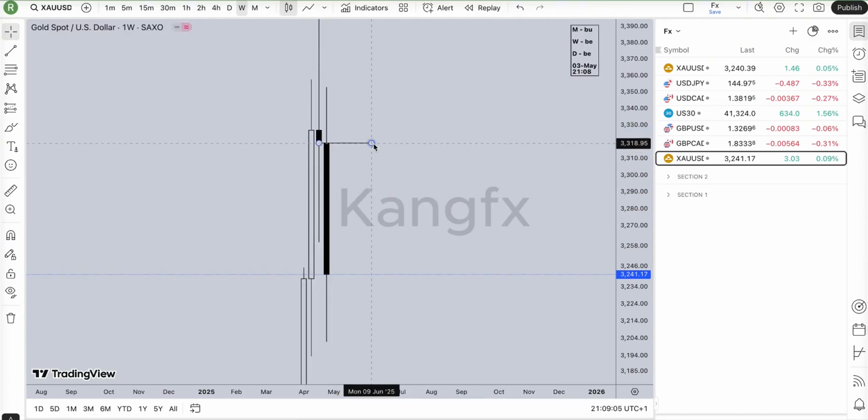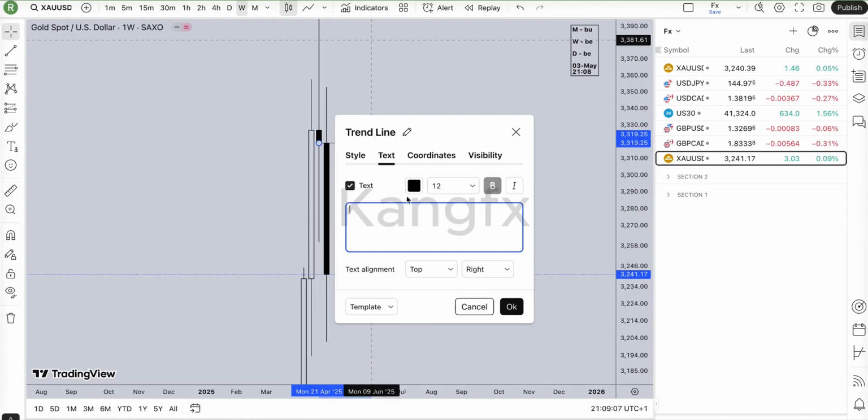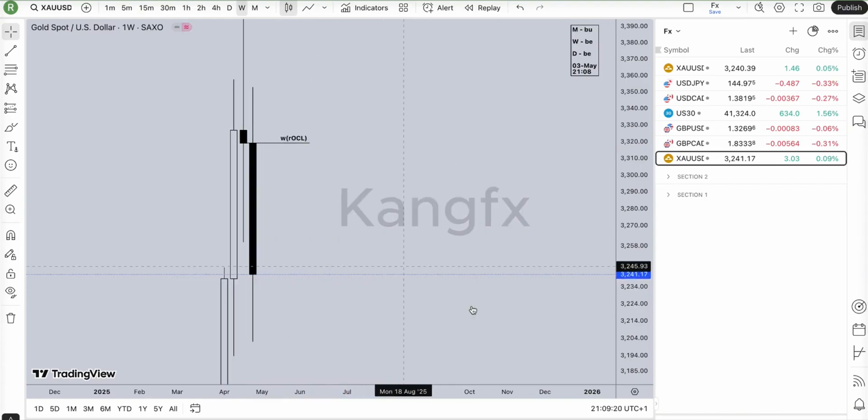Just remember resistance OCL, which I'm going to write here: weekly resistance OCL. Does it have a week beside it? Yeah, it does. From here to this week here.